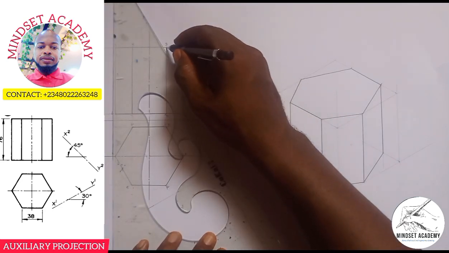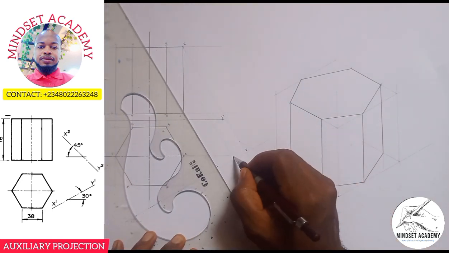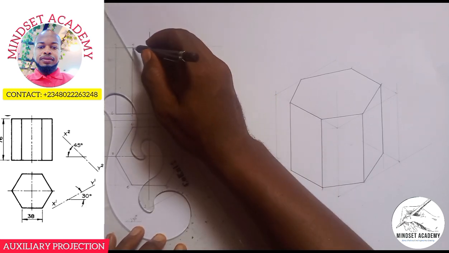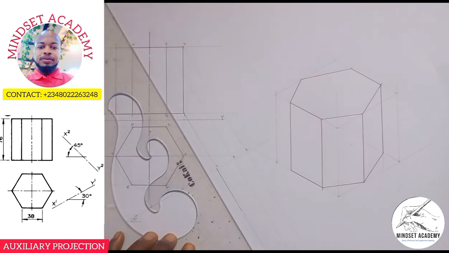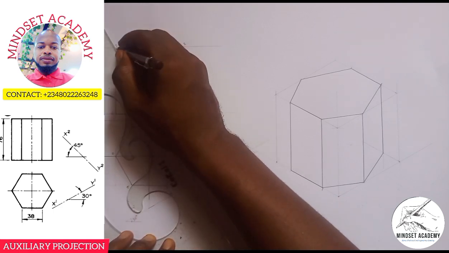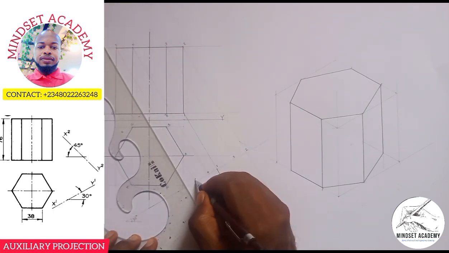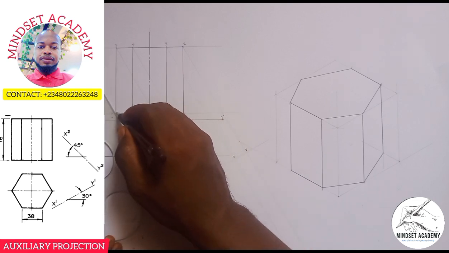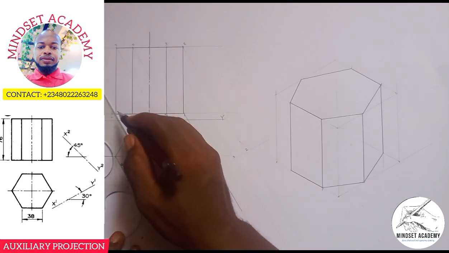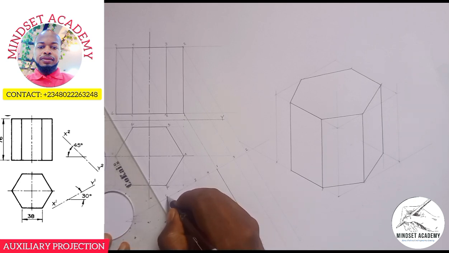So I'll go to 3. This is the line of 3. If I go to 4, this is the line of 4. If I go to 5, this is the line of 5. If I go to 6, this is the line of 6.